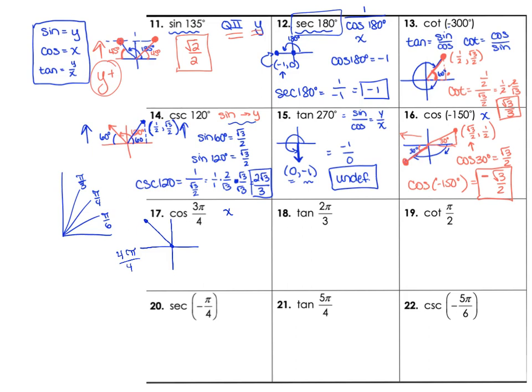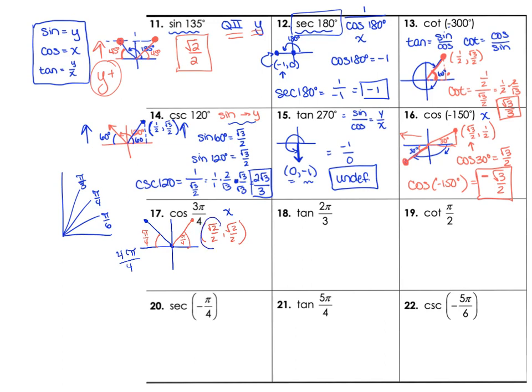But this is where it's really easy to find the reference angle. 3 pi over 4 has a reference angle of pi over 4. So as long as I know my coordinates for pi over 4, I'll be able to find my cosine for 3 pi over 4. So pi over 4, anything over 4 has those nice easy coordinates for us to remember because they're the same. Square root of 2 over 2, comma, square root of 2 over 2.